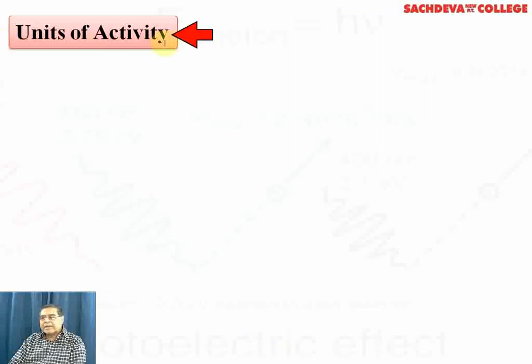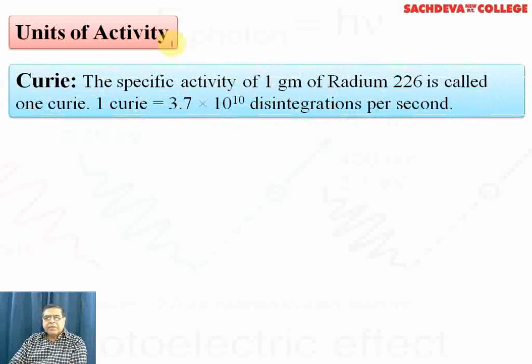Now, units of activity. As I have expressed in the very beginning, activity depends upon the rate of disintegration. Larger the rate of disintegration, larger will be the activity. And as the disintegration goes on increasing, the activity goes on dropping. This activity is expressed either in Becquerel or Rutherford or in Curie.